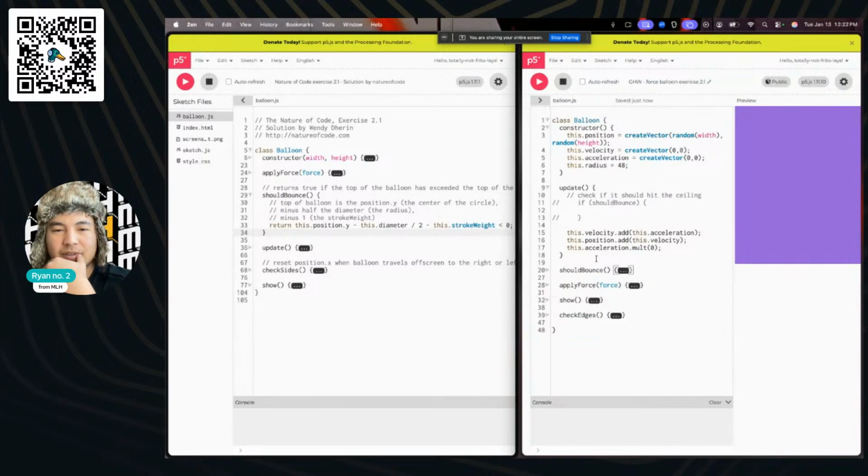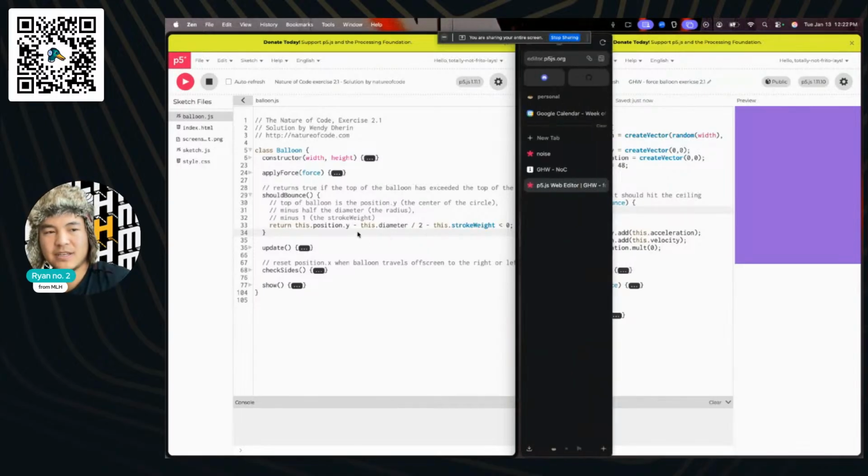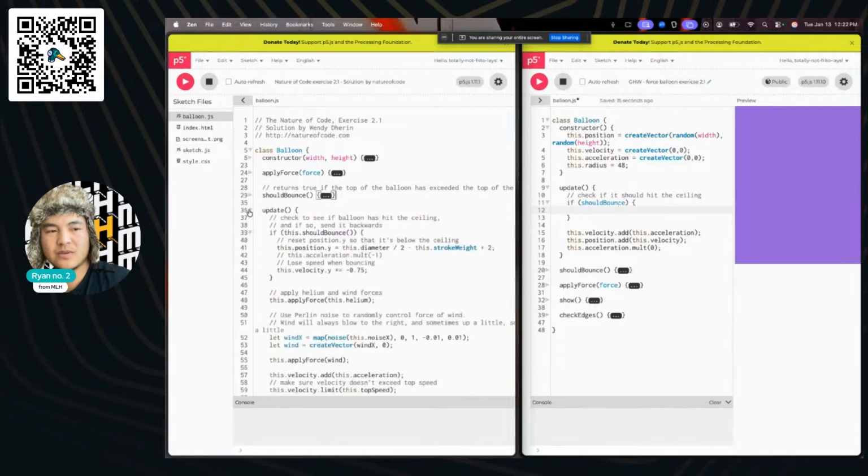So we've got should bounce. And then if it does bounce, what was the thing that we needed to do? We needed to reset position.y so it's below the ceiling, and then make it lose speed. Okay. This dot position.y is equal to this dot radius.